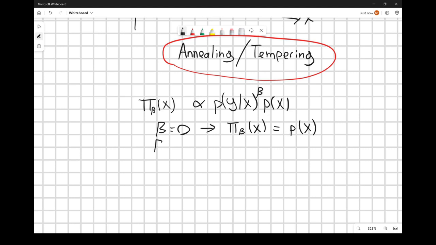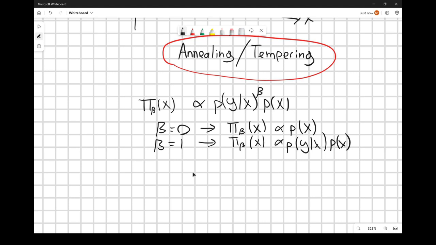And if beta is equal to 1, then our target distribution is now proportional to the posterior. So essentially, we can run our sampler where we're gradually increasing beta from 0, or very close to 0, to 1.